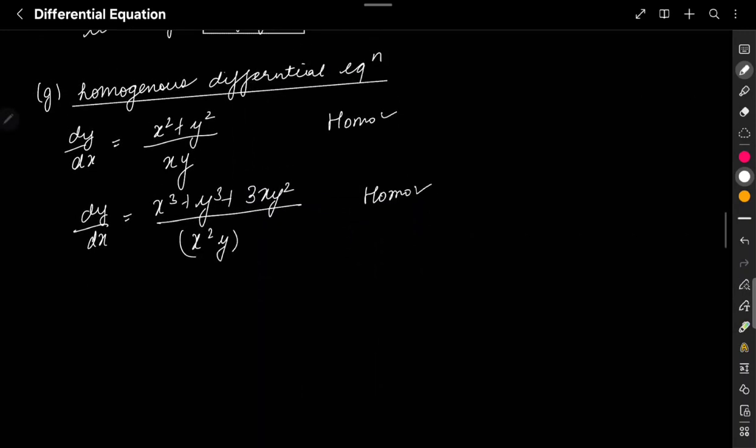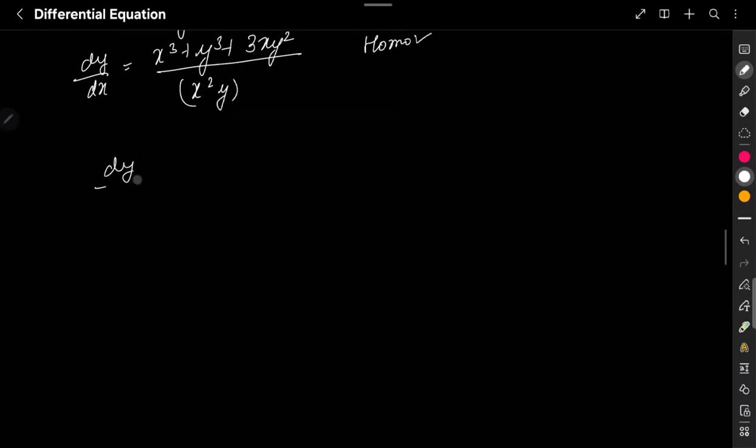So whenever we get a homogeneous differential equation, let's say dy by dx is equal to some f of x comma y upon some g of x comma y, the standard approach to solve these types of questions is to use the substitution y is equal to tx.